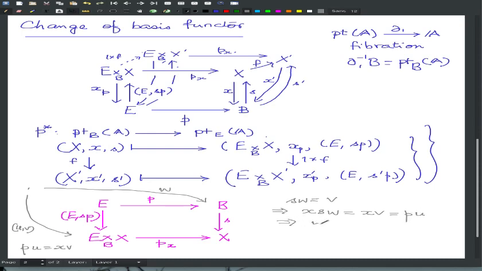So this means W, XS is 1, this is equal to PU, so this forces, if you write this map U, okay? So SPU is SW and SW is V, so this diagram commutes.